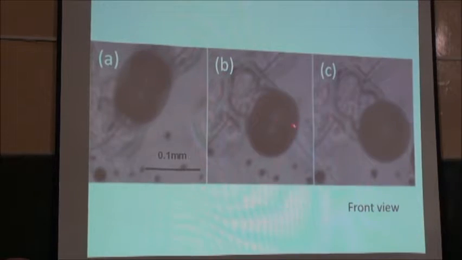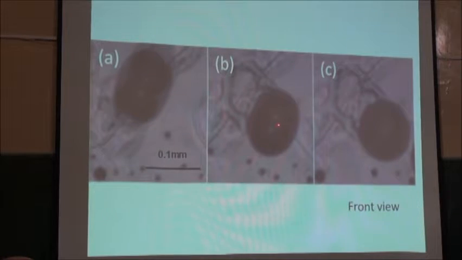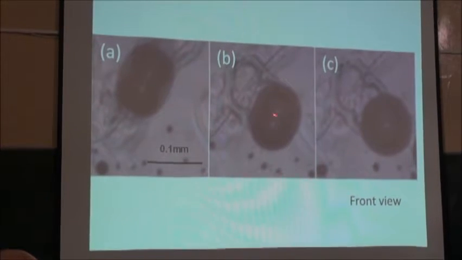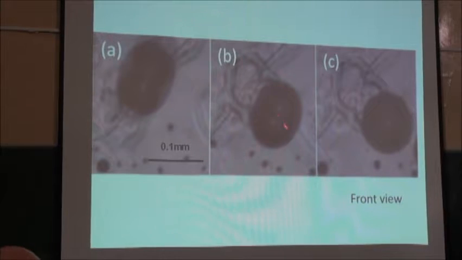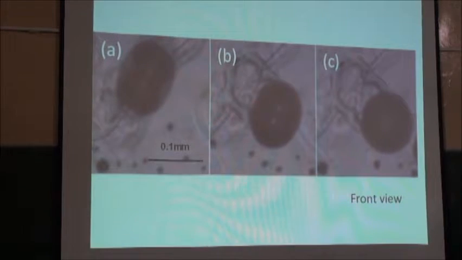They didn't melt, and there is a layer of melted cyclohexane between them, and it takes some time to remove this lubrication film.